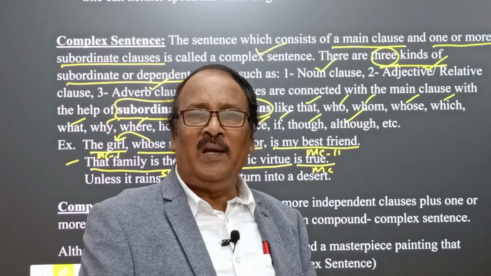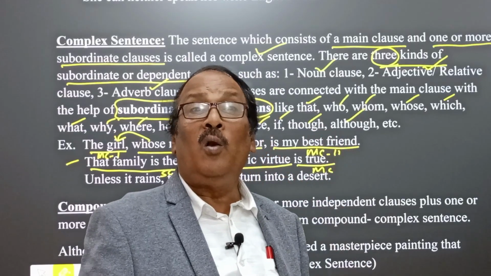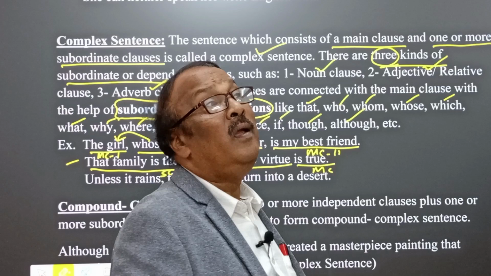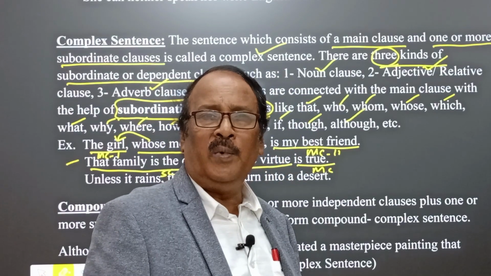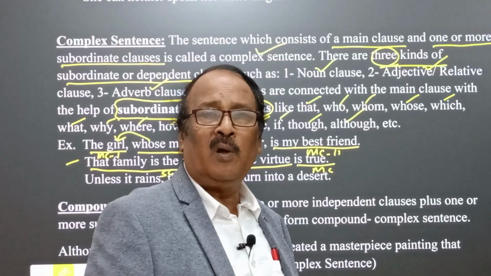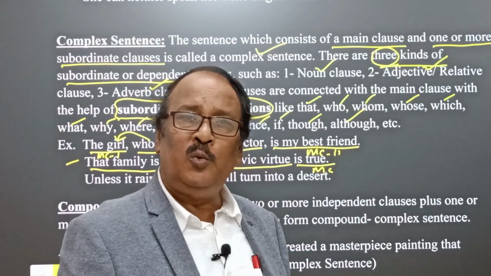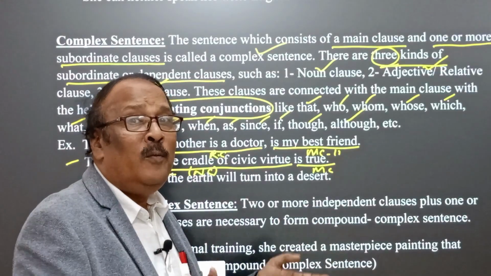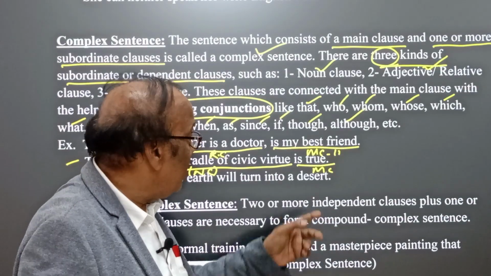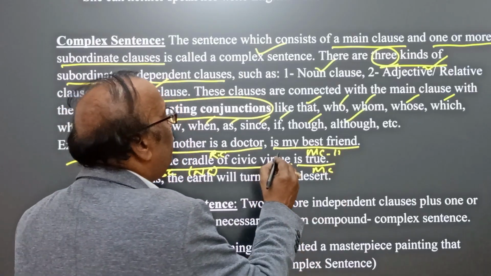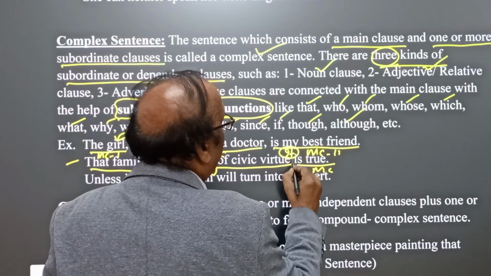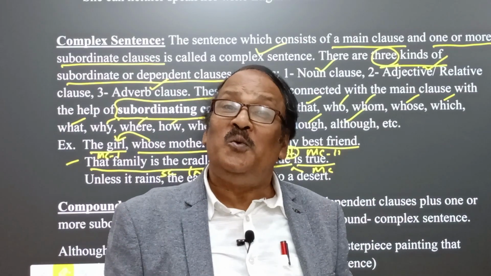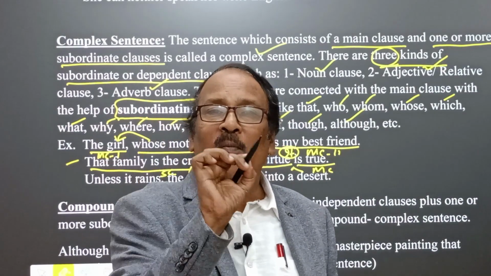So family gives a lot of very good ideas and makes a child an ideal citizen of the country and a very important member of the family, and hence it is true that family is the cradle of civic virtue.